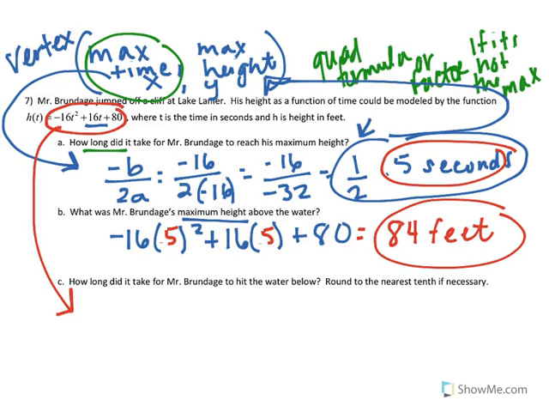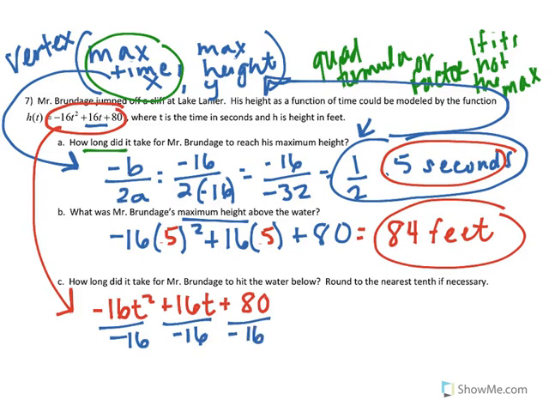So if I pulled out a GCF first and factored it, which my GCF would be negative 16, I'll get t squared minus t minus 5 equals 0.